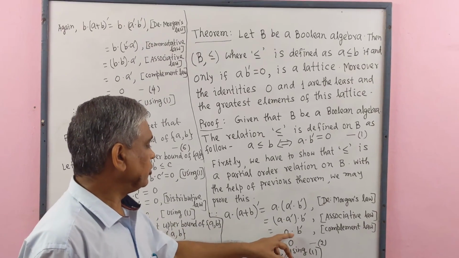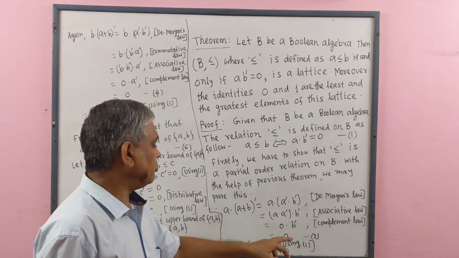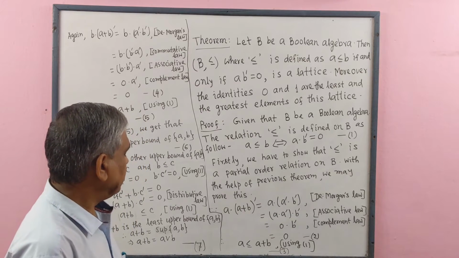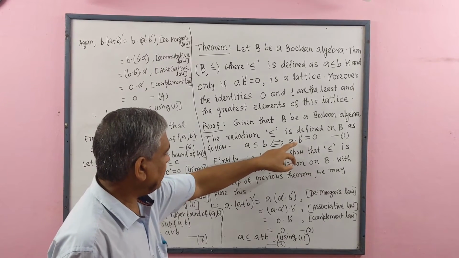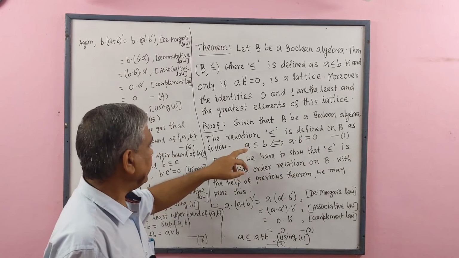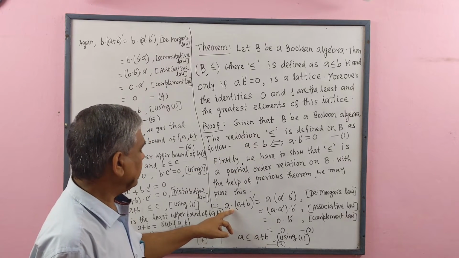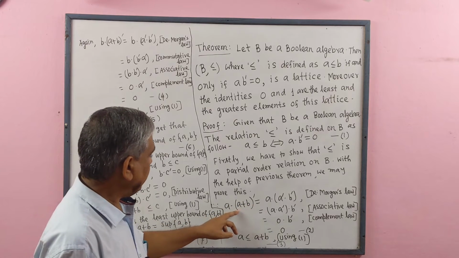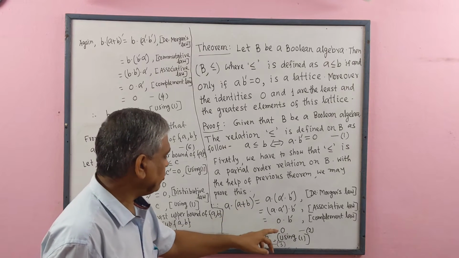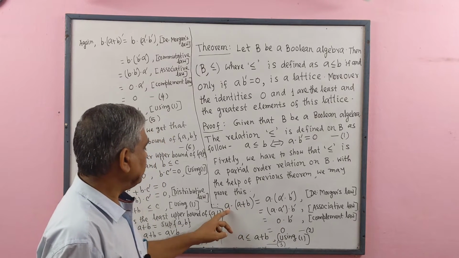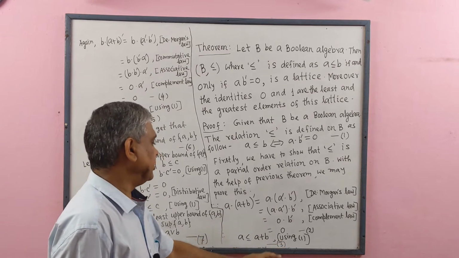So this is equal to 0 dot complement of B. Since 0 dot complement of B equal to 0, now we use number 1. In number 1, if A dot complement of B equal to 0, then A is related to B. Similarly here, A dot complement of (A plus B) equal to 0, that means A is related to A plus B. This is number 3.